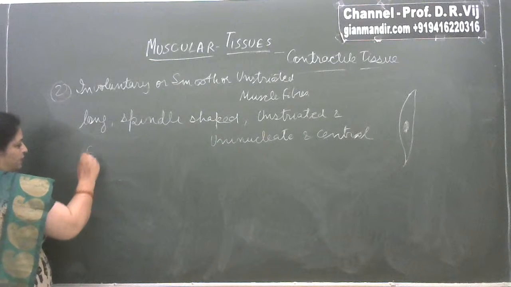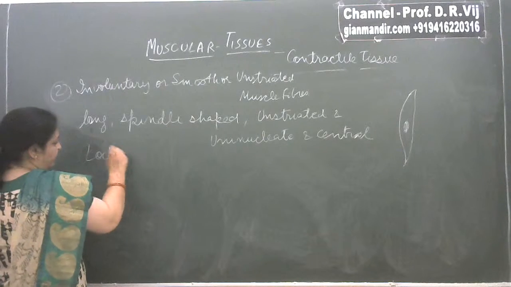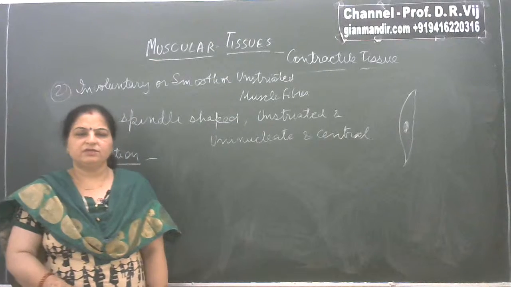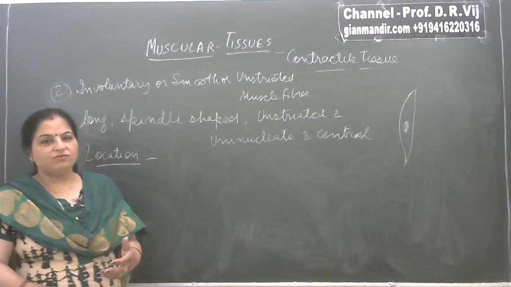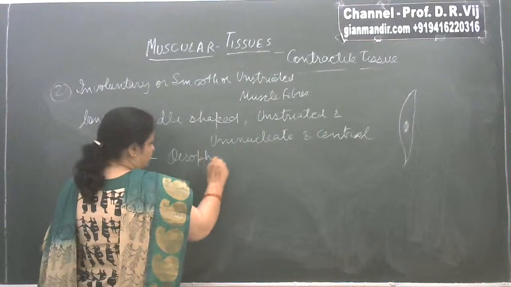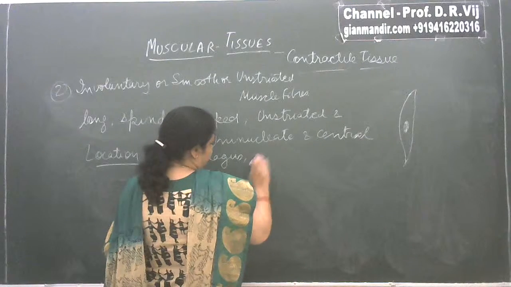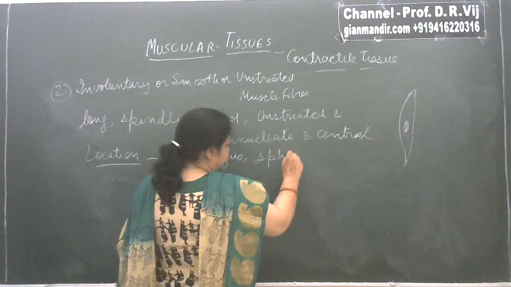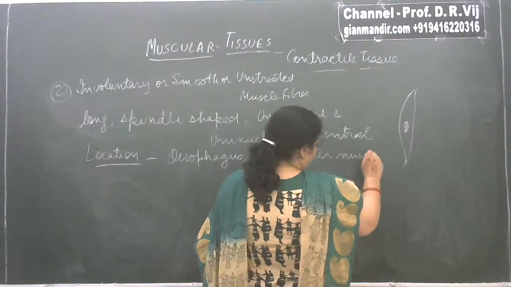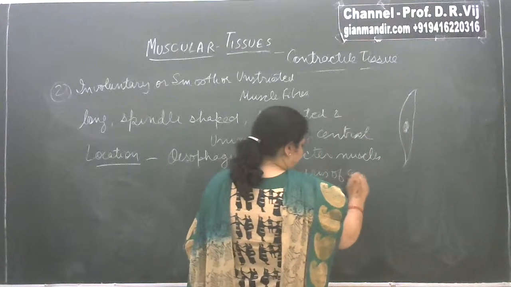And if you find their locations, they can be found in all those parts of the body which are responsible for causing the involuntary movements. For example, they are found in esophagus, and another one is in sphincter muscles, iris of eyes.